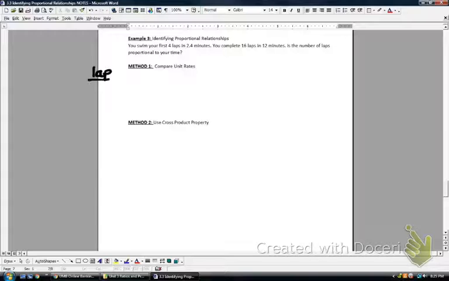So I'm going to set up my little cheat sheet. I have laps to time. And it doesn't really matter if you put laps on top or time on top, as long as you're consistent across the problem. So the first one is 4 laps in 2.4 minutes. And I want to know, is that proportional to 16 laps in 12 minutes? 4 to 2.4 simplifies to 1 lap every 0.6 minutes.